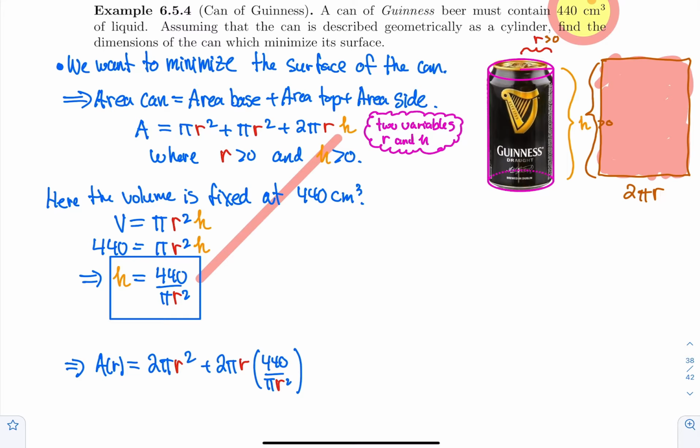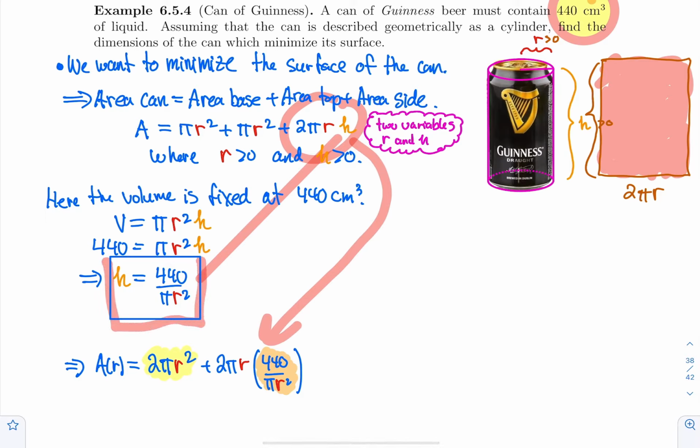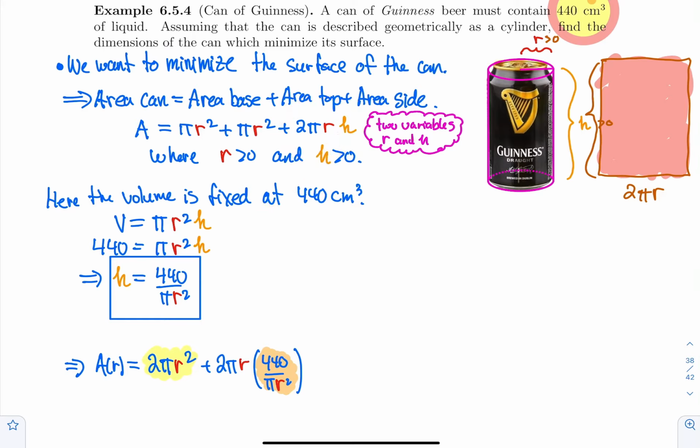So here we go, poof. Now the total area of the can, which I now call A(r) because A only depends on r, is pi r squared plus pi r squared, which I can simplify to 2 pi r squared, plus 2 pi r times h. And you can see here h was replaced by 440 over pi r squared. So now that formula for the total area only depends on the quantity r.